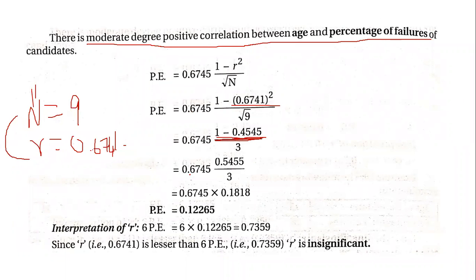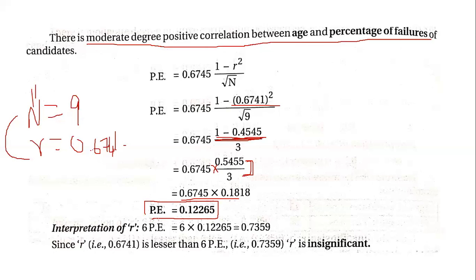So 0.6745 into 0.5455 divided by 3. Now the next step, I have divided these two first. So 0.5455 by 3 will give me 0.1818. Most of them are recurring decimals. Then when I multiply in the final step, I get a probable error of 0.12265.